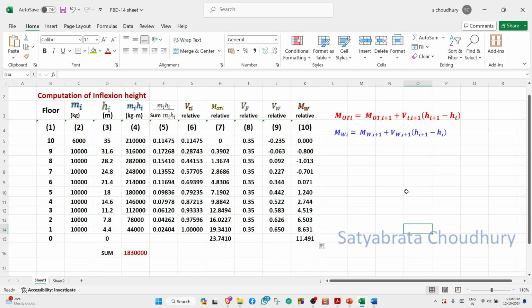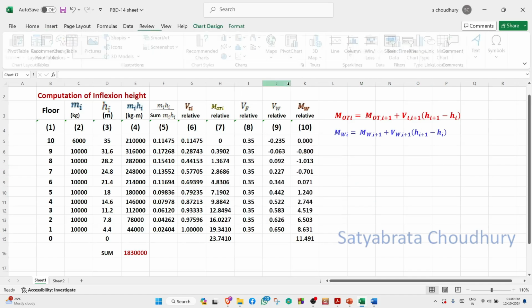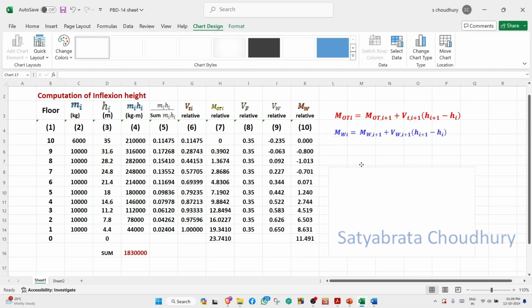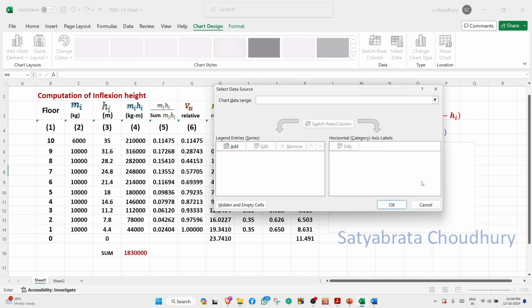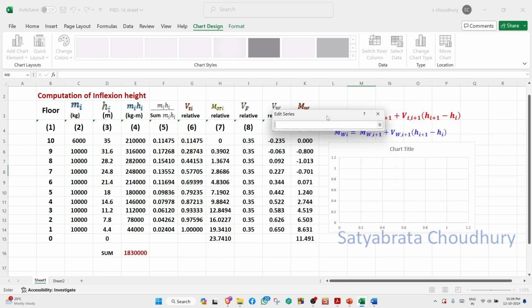So let us draw the graph for this. Let us insert a graph. So we are putting a line graph, and the horizontal value will be the moments. So the x-axis are the moments of the wall.